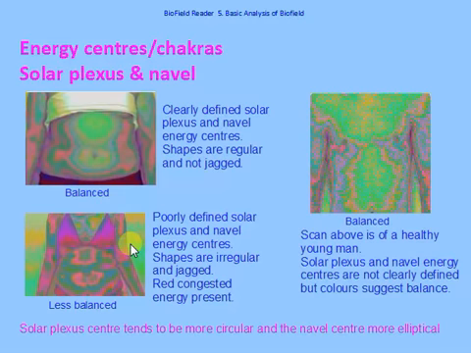And if we compare the two pictures, this bottom picture is of a less balanced field. We've got a lot less vibrancy, we've got jagged shapes to the two chakras, red borders. This lady wouldn't have an awful lot of energy, may well have problems in that area. Over on the right we've got the scan of a healthy young man. Solar plexus and navel energy centres are not clearly defined, but the colours suggest balance.